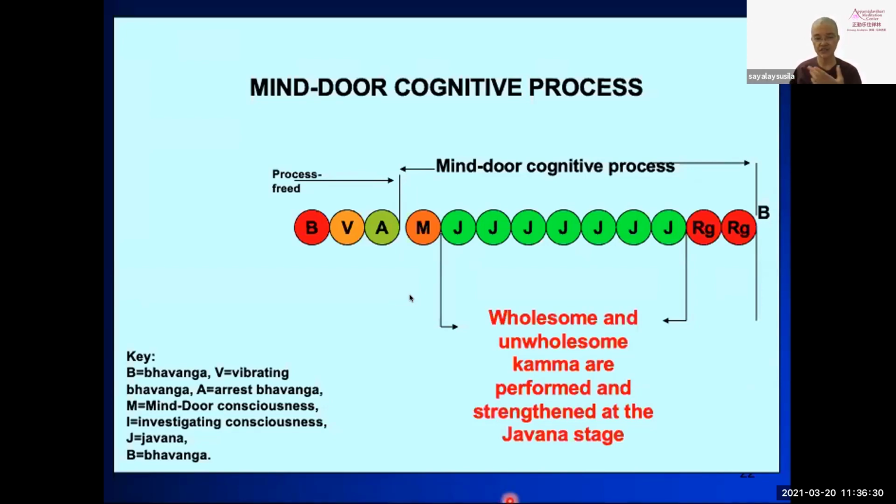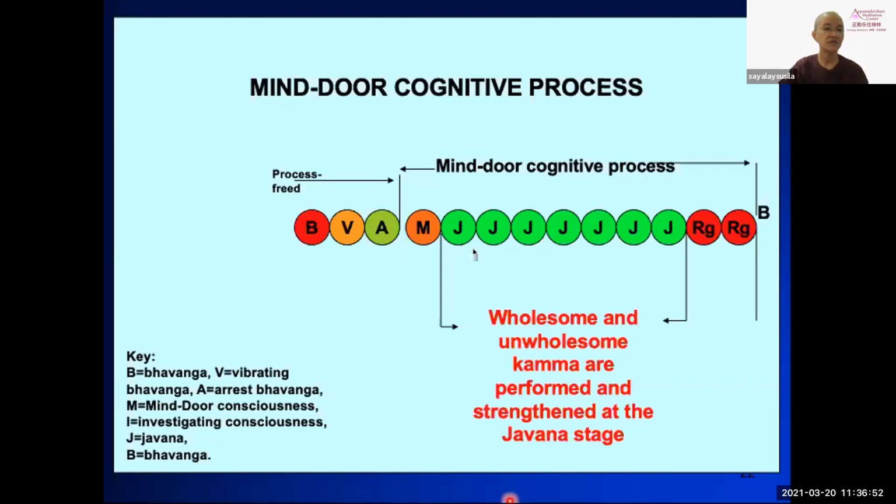So this unwholesome consciousness can also produce results in the present life as well. Okay, so this is another factor: your belief, the way you see things. Your belief can also affect whether wholesome consciousness or unwholesome consciousness arises. Okay.